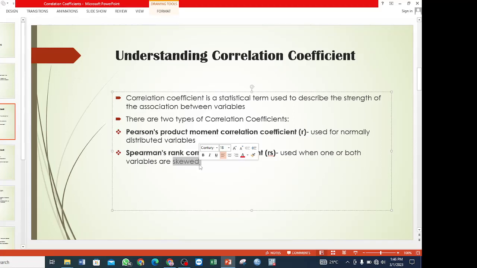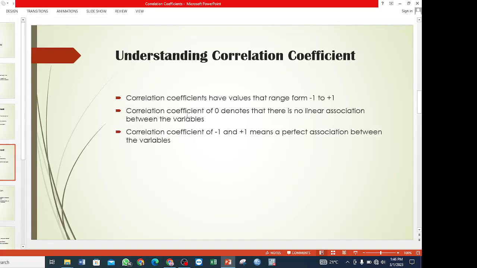That means that the data is not normally distributed. So the Spearman's rank correlation coefficient can work for data that is skewed, whereas Pearson's product moment correlation can only be used for normally distributed variables.